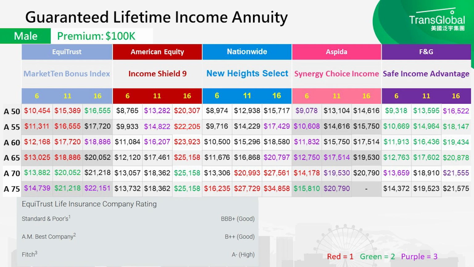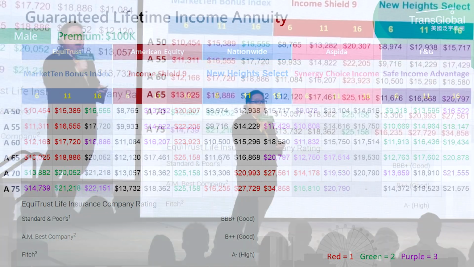Purple is number three. Okay, is that easier to watch and look at now? So when you see their company rating, they are BBB plus, BBB plus, and only one is A minus. So be careful when you want to sell this company's product. But I just want to mention it because the number is very, very high.